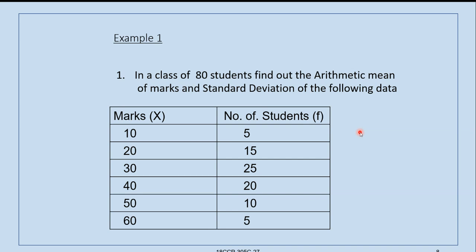Now in the third column, we will take fx. That is 5 into 10, 20 into 15, 30 into 25, 40 into 20, 50 into 10, 60 into 5. And in the fourth column, we will take deviations from actual mean. So the mean is calculated.